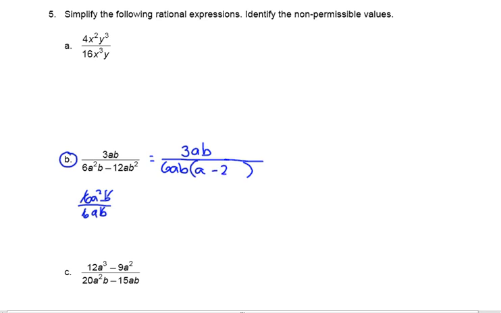And then ab² divided by ab, what's left over? 1b. So what can reduce out here? 3ab and 6ab. So let's do the ab's first. ab and ab. 3 and 6, what can we reduce that to? 1 over 2. So now we have 1 over 2 times (a - 2b).